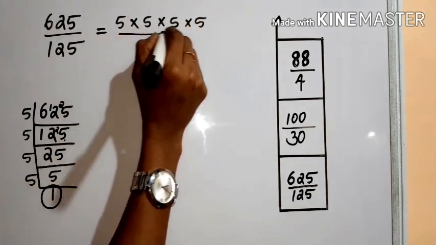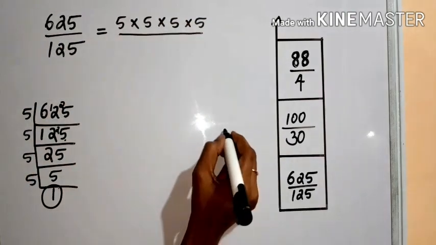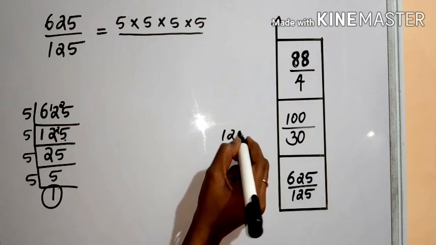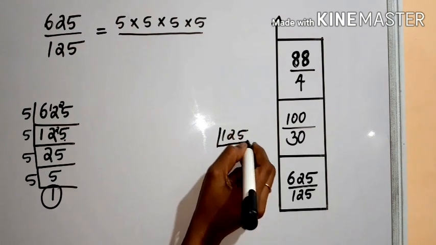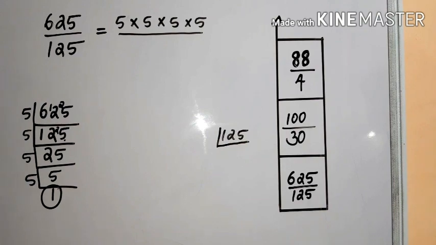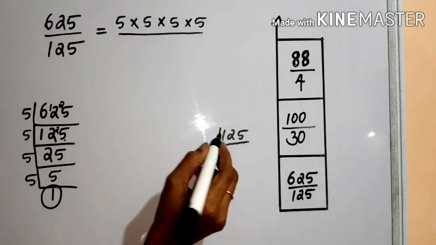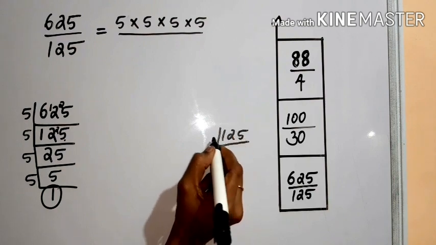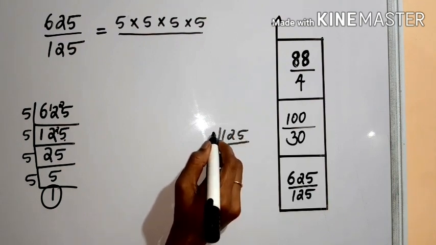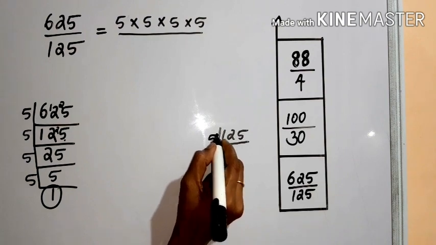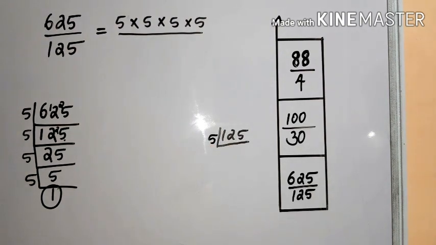Right? All divided by, next we have 125. It is an odd number. So by 2 impossible. Then by 3. 1 plus 2 plus 5, answer 8. 8 is not a multiple of 3. So we cannot have here 3. Next we have 5 as possible. 125 divided by 5.